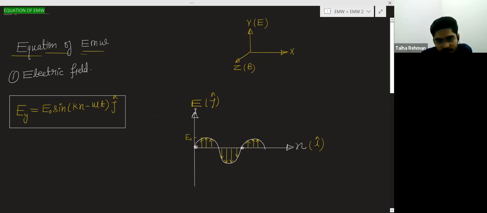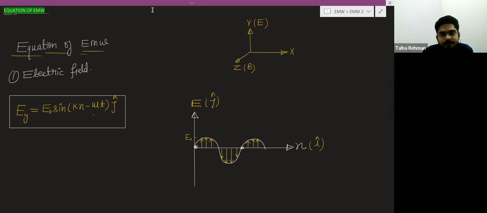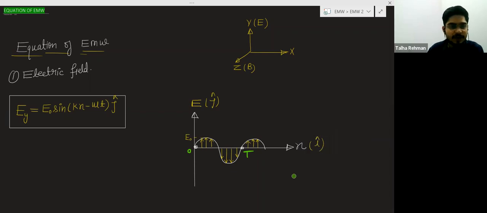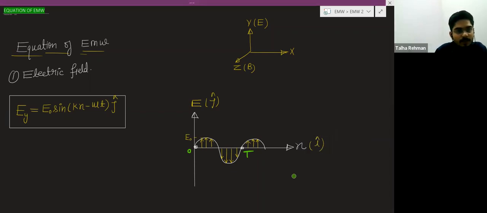Now from this graph you can see the electric field oscillations. This is time 0 and this is time t, showing the electric field oscillating along j cap, meaning along the y axis, and the direction of propagation of the wave is along the x axis. Now you can change this equation a little bit.